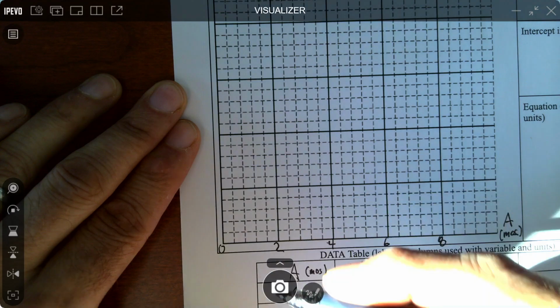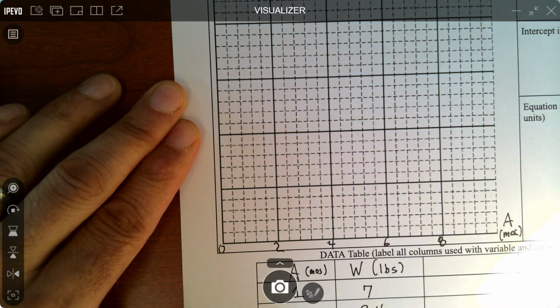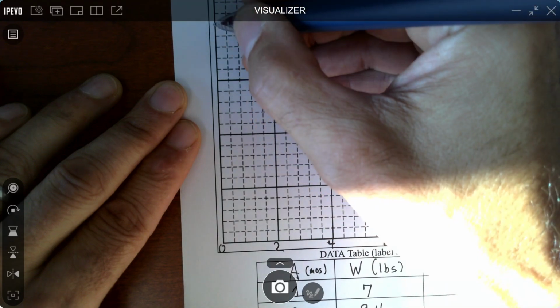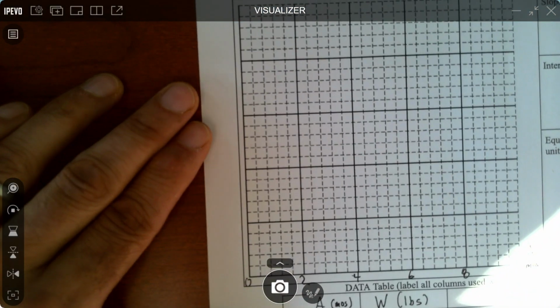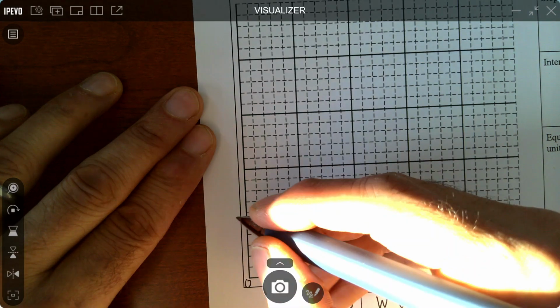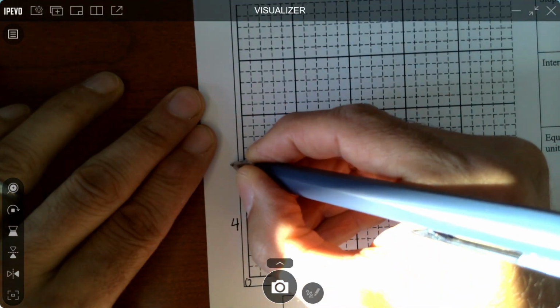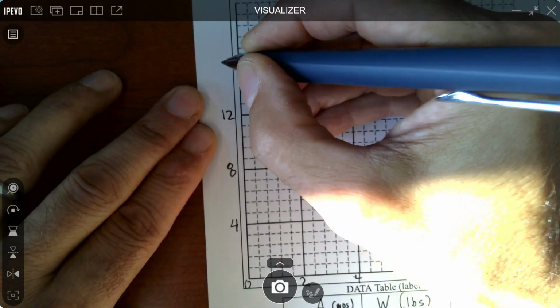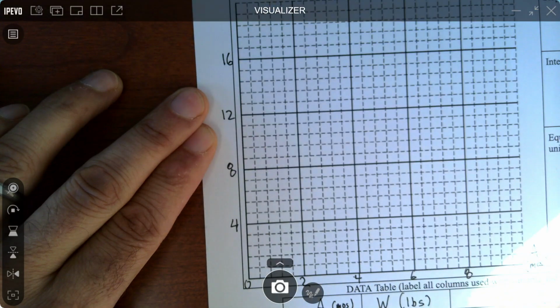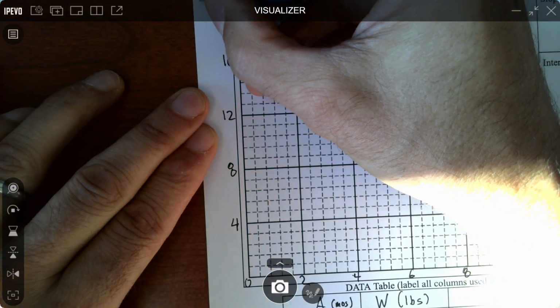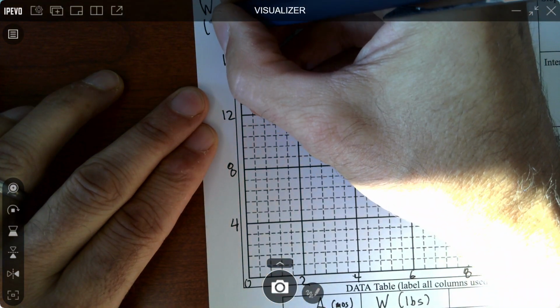Did I count correctly? Oh, I didn't. I went 4, 6, 8. It should be 4, 8, 12, 16. Yeah, that will be enough. It will use most of the grid, and it will leave a little bit extra for my vertical list. I'm going to call that W in pounds.